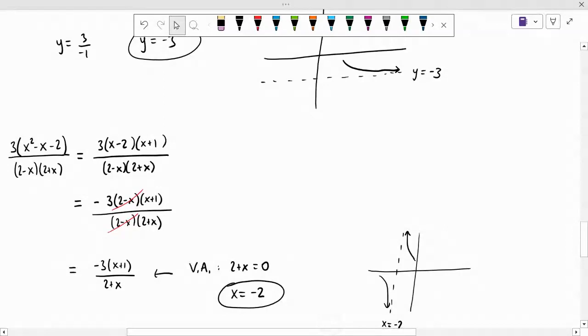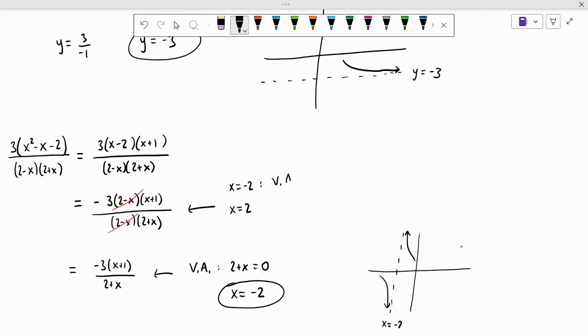Now, if you look at what we had before you made any cancellation, we know that at x equals -2, the denominator was equal to 0. But x equals +2 was another place where the denominator was 0. So -2 was a vertical asymptote.